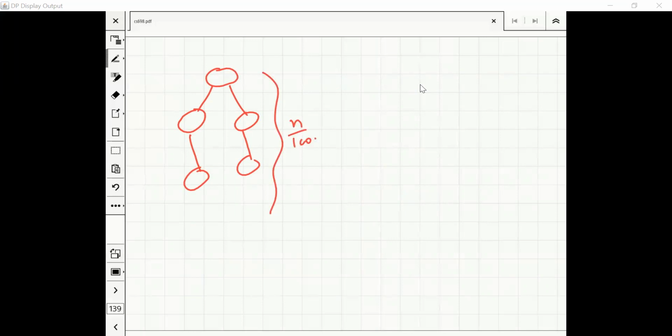What can happen? Either t will be more than n by 100. In that case, no computational path will give me the correct answer on all the inputs, by the way.